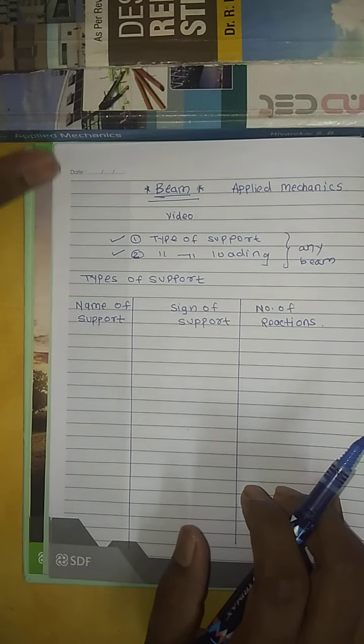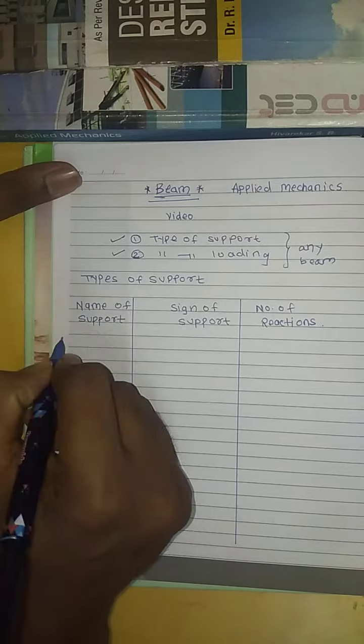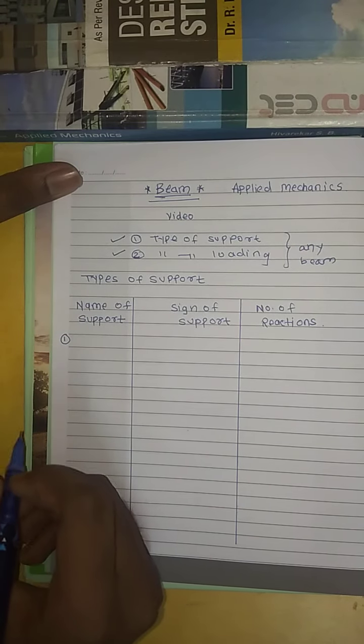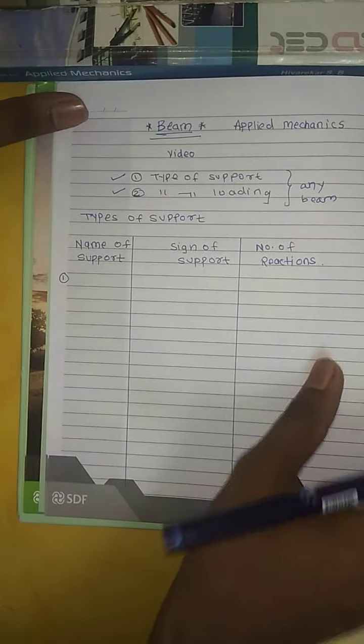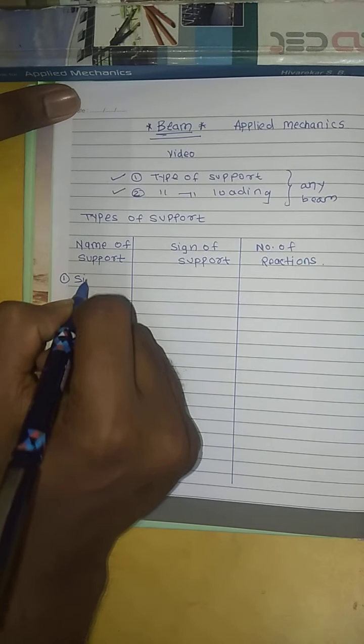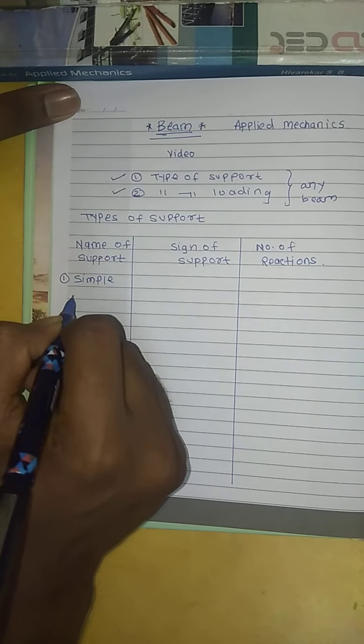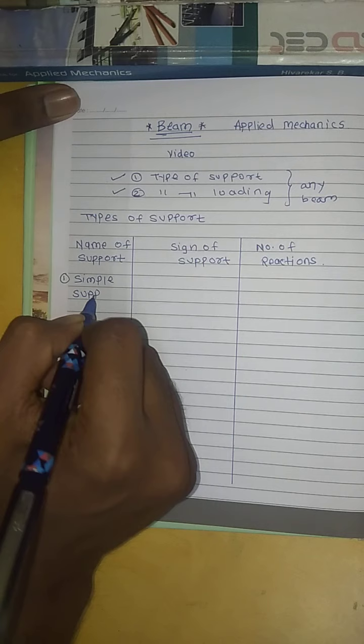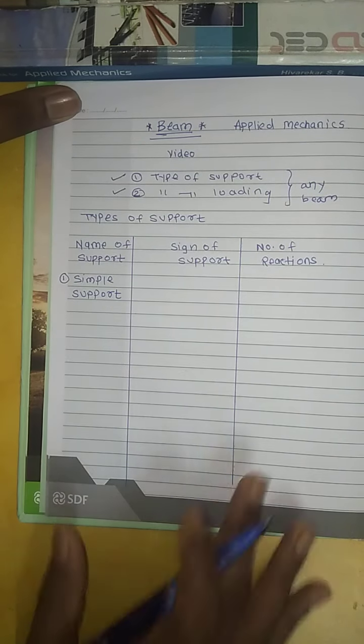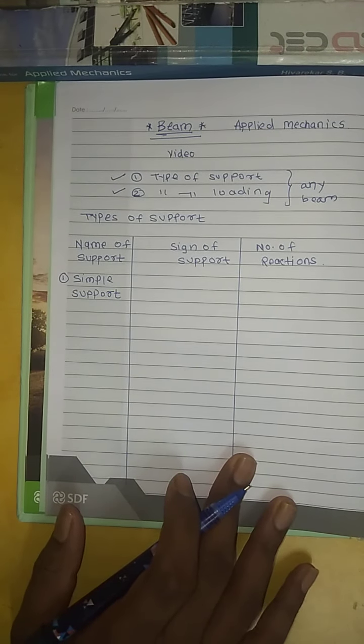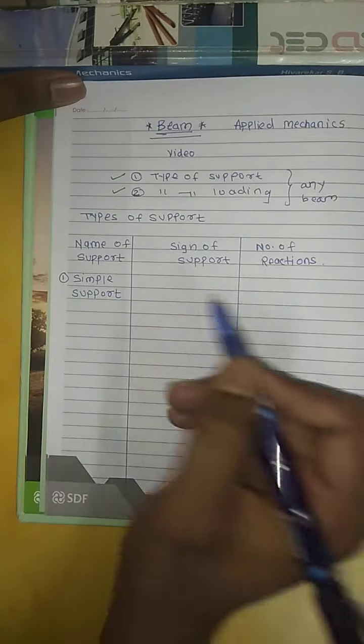Okay, so let's start from the first one, the simple support. Okay, first support is a simple support. We show this support just by an arrow.